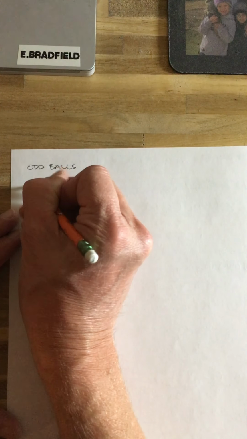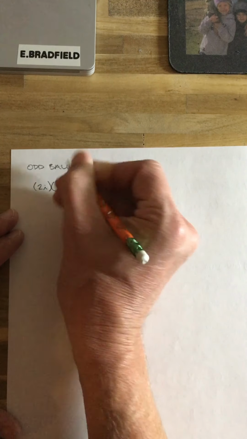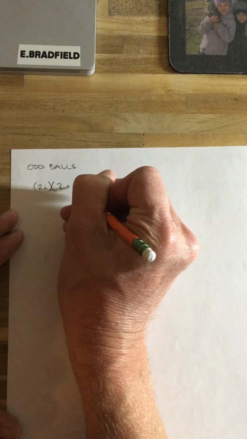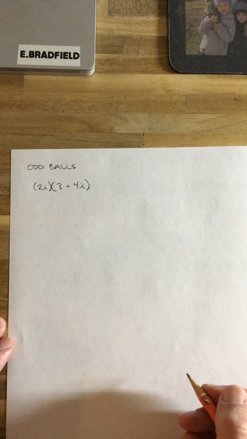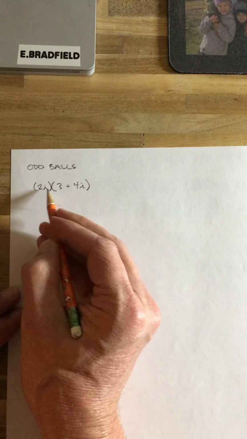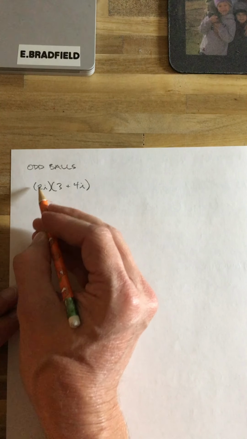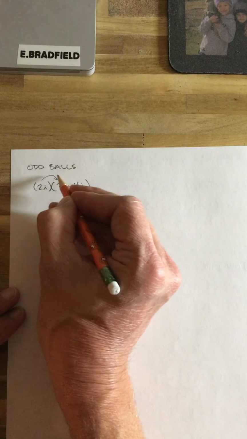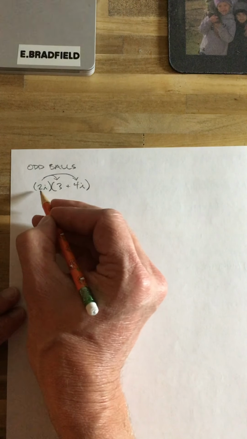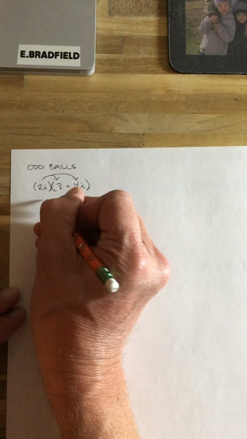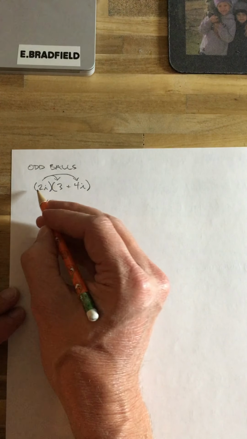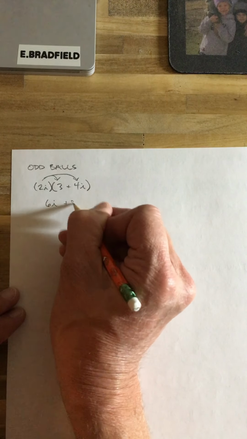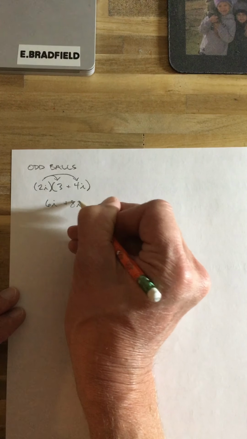What if I just have 2i times (3 + 4i)? In this case, you just have an imaginary term, so we're going to distribute it to both of those guys. We get 2i times 3, that's 6i. And then 2i times 4i, 2 times 4 is positive 8, and i times i is i squared.